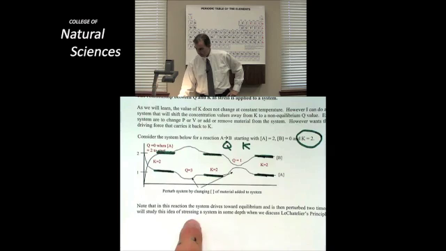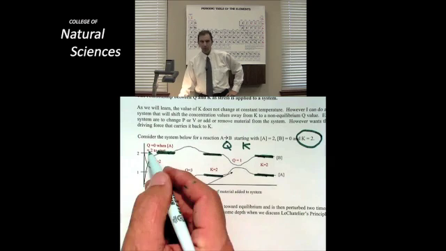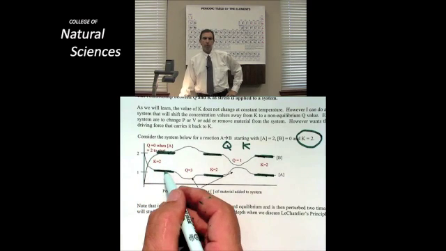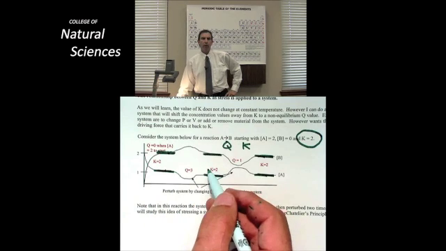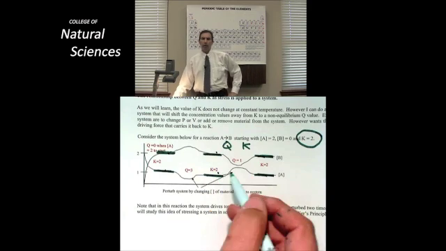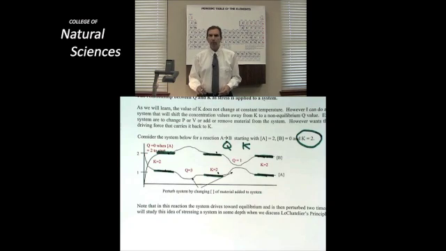There's my B, goes up to about 2. There's my A, goes down to 1. A little while later, it's back to 2 to 1. A little while later, it's back to 2 to 1. Why is this? Because systems always tend to equilibrium.